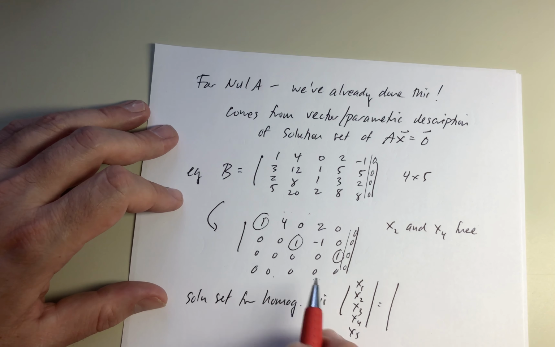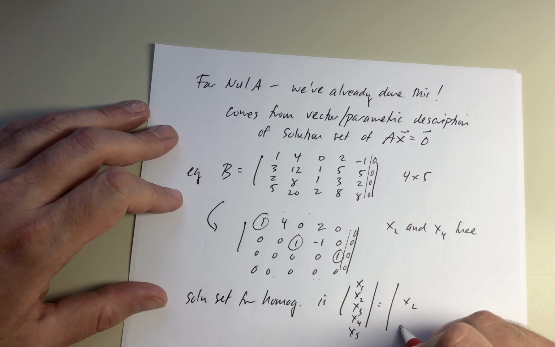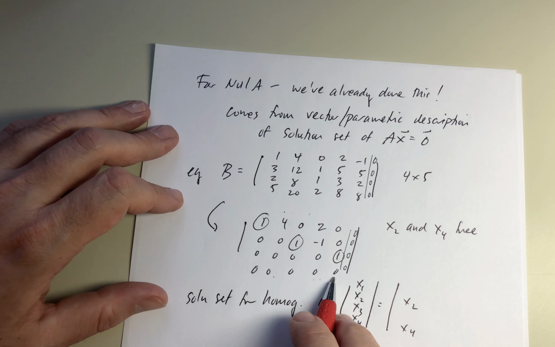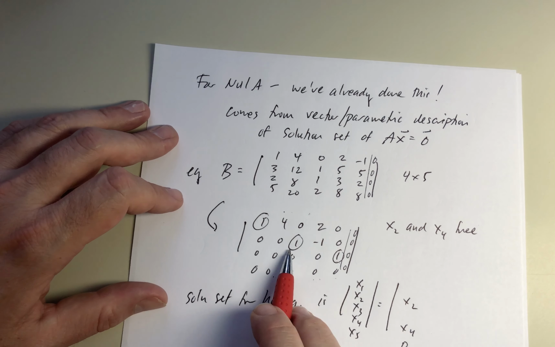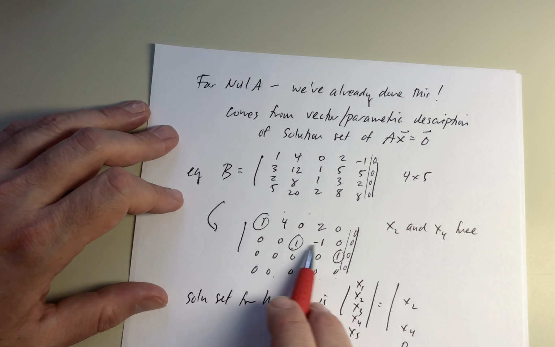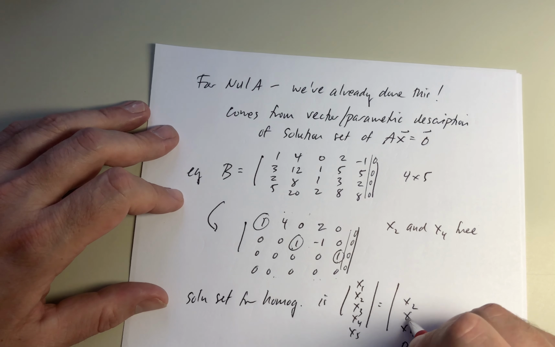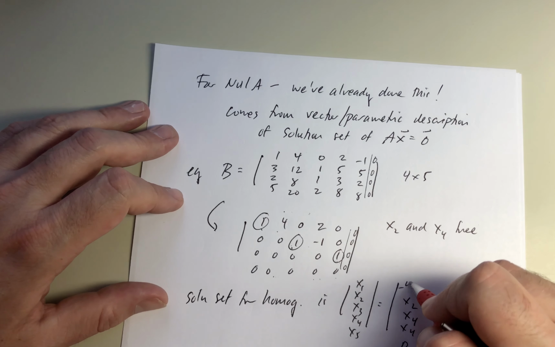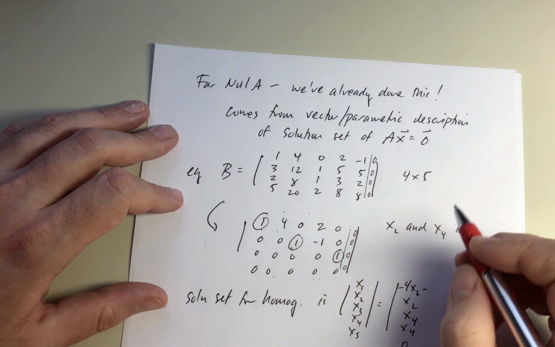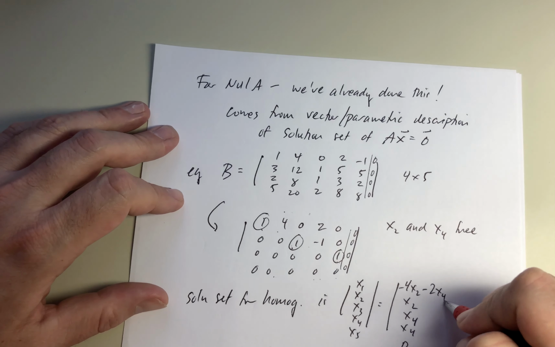I know that x2 and x4 are free. And x5 is 0. x3 I can solve for in terms of the frees, so x3 is equal to x4. x1 is equal to minus 4x2 minus 2x4. So the usual story.